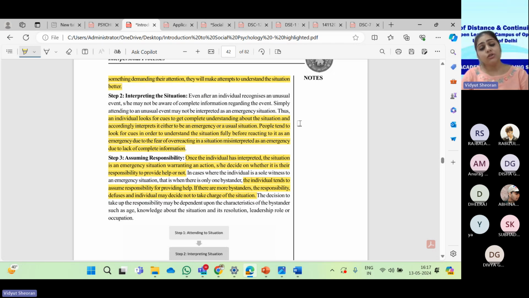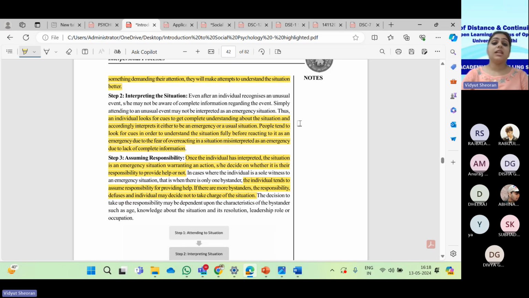So an individual looks for cues to get a complete understanding about the situation and accordingly interprets it either to be an emergency or a usual situation. So it depends even upon the helper, whether as per the helper, this is an emergency or not.